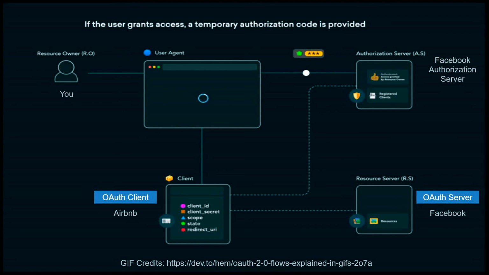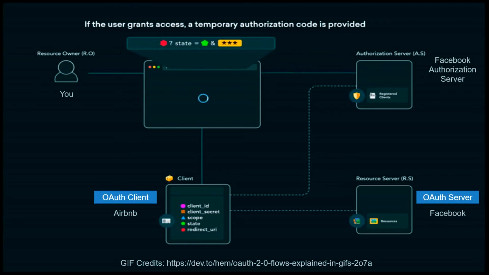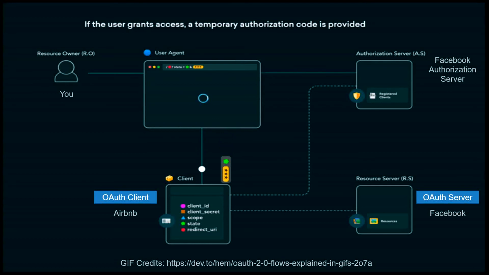The authorization server will now send the user back to the redirect URI provided by the client. Along with it, it also sends a temporary authorization code that we saw earlier. Now this temporary code will be exchanged to get an access token using which the client, that is Airbnb, will be able to access the resources on Facebook on behalf of the user. So the client takes this auth code and sends it to the authorization server.